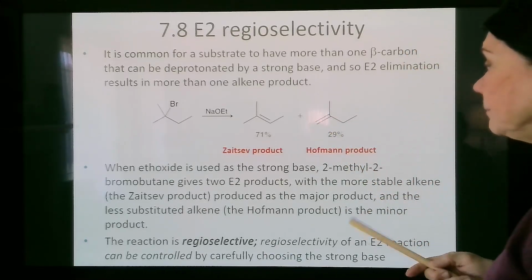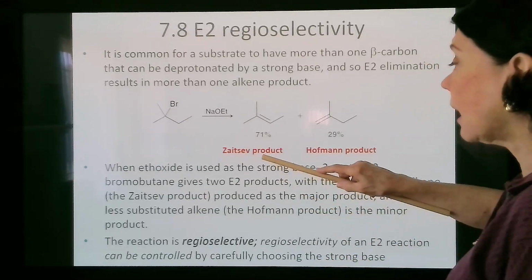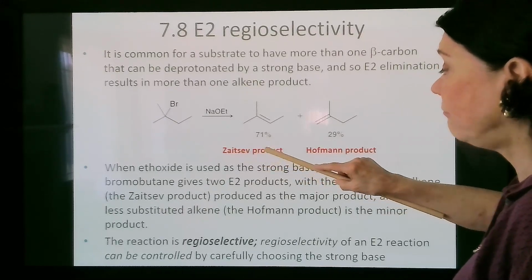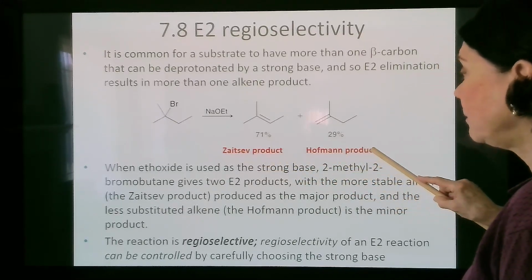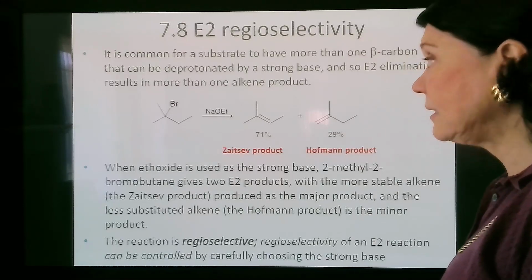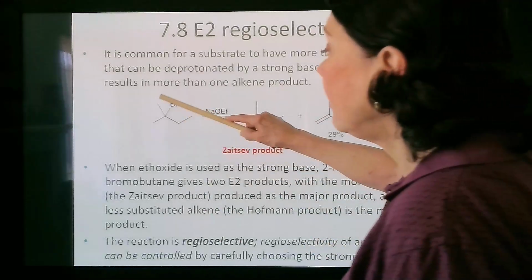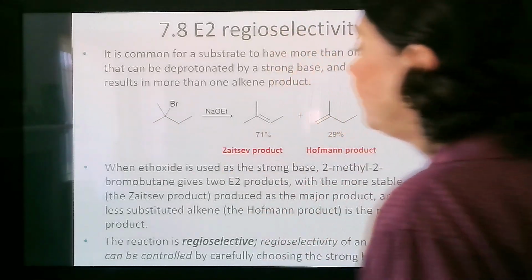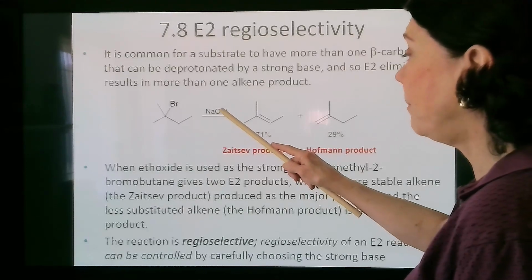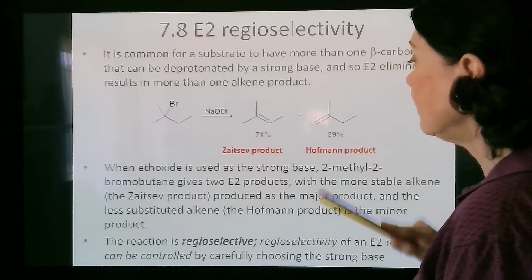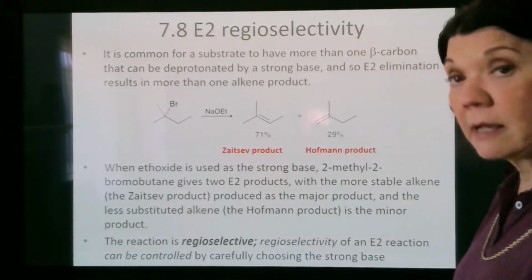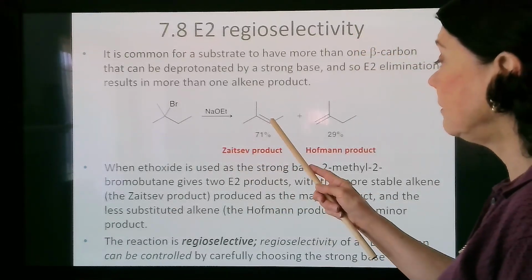So this is named the Zaitsev product, and this is the Hofmann product. Now the interesting thing about these is that you have 6 protons that could be plucked off by the base to form this product. Here you have 2 protons that could be abstracted to give this product.